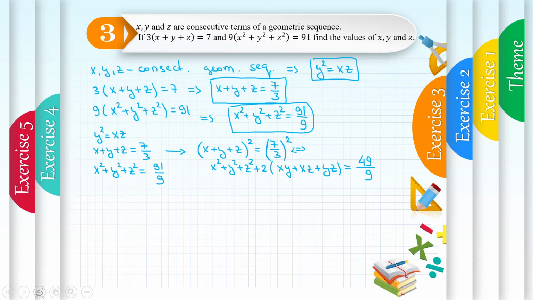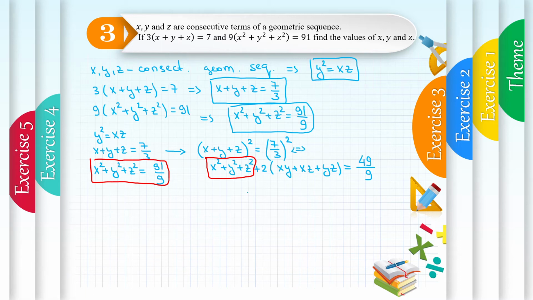Next, because x squared plus y squared plus z squared is equal to 91 over 9, we can replace in this relation x squared plus y squared plus z squared with 91 over 9.